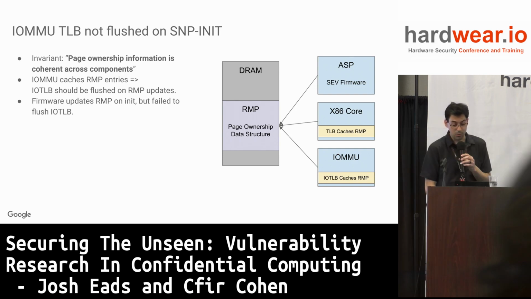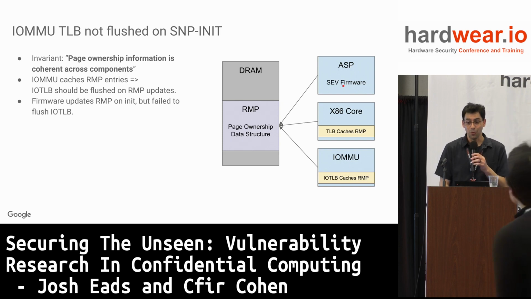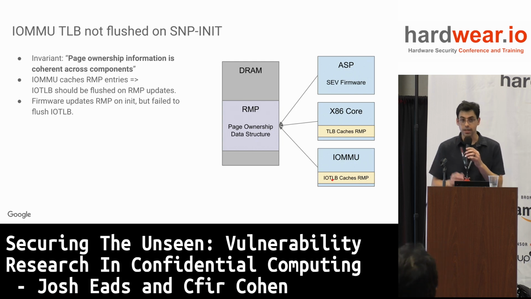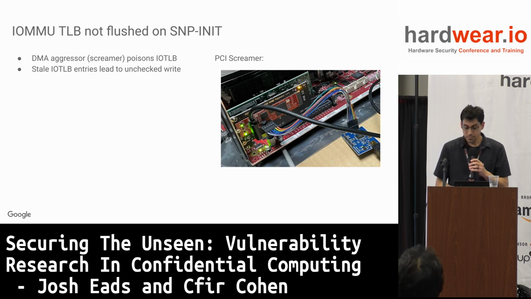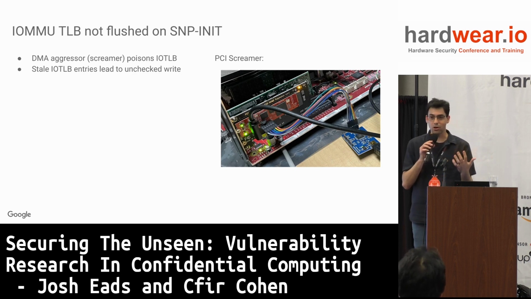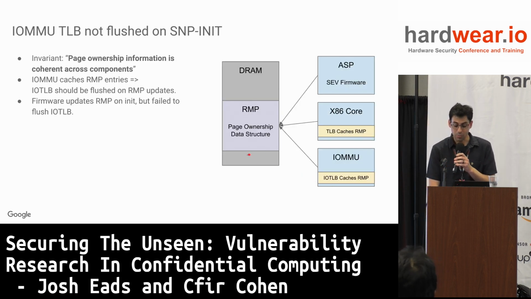But then we also found that there's a path in the SNP init API where the SEV firmware updates the RMP but doesn't invalidate the IO-TLB, which means that you could poison the IO-TLB before calling the SNP init function and get those components to be out of sync.